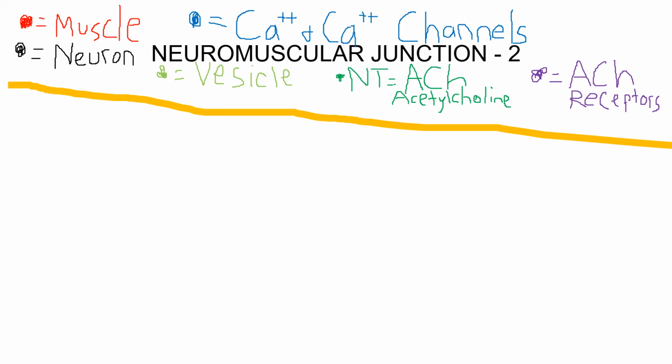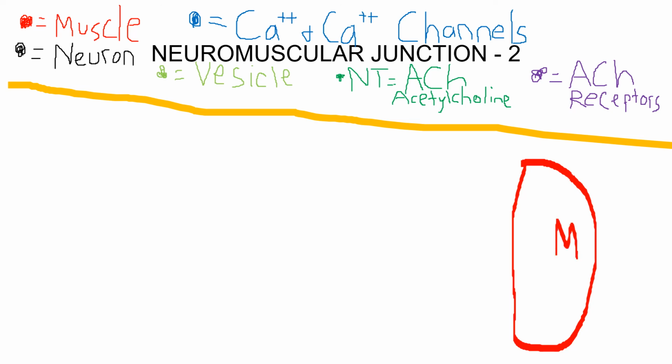Okay, so let's start drawing some structures. We have once again our big finger muscle. So M for muscle, and it's in red, so that's going to be our muscle for this picture. And then we have our big neuron.